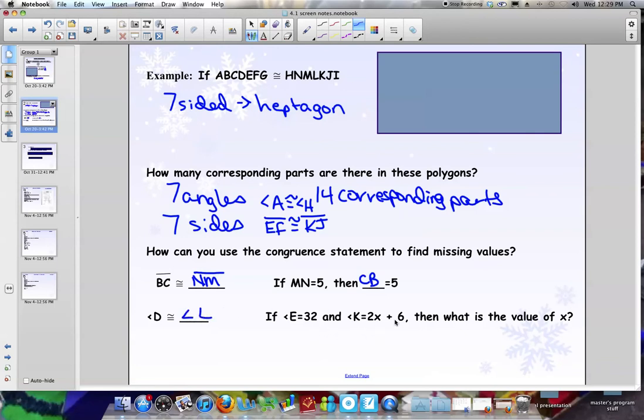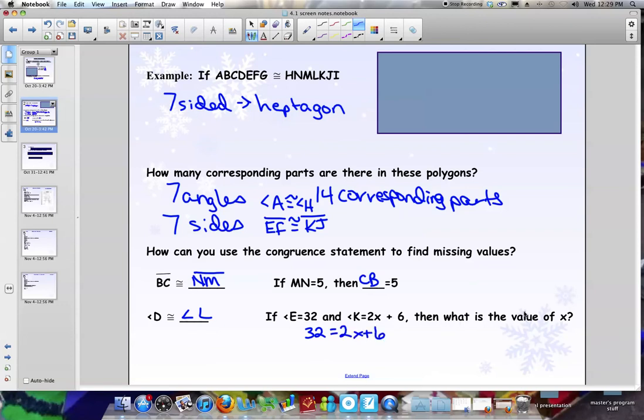You can also use your congruent statement to find values using algebra, because we always use algebra. Okay? It says that angle E is 32 and that angle K is 2x plus 6. So you go up here and find the relationship. Well, angle E and angle K, since they're corresponding, have to be equal to each other. So you would set it up and say 32 equals 2x plus 6.